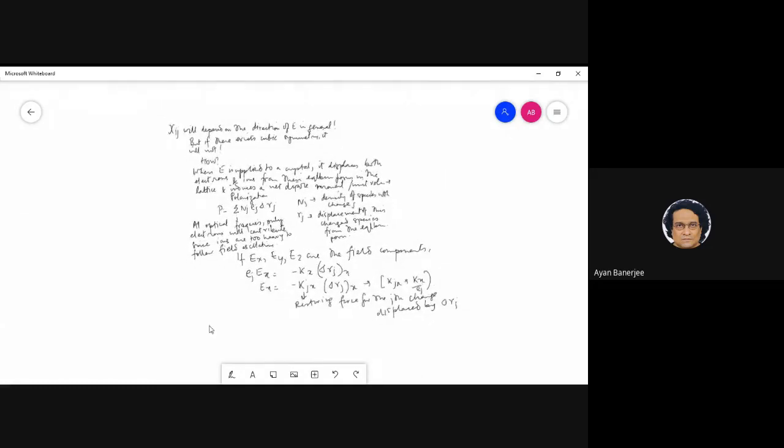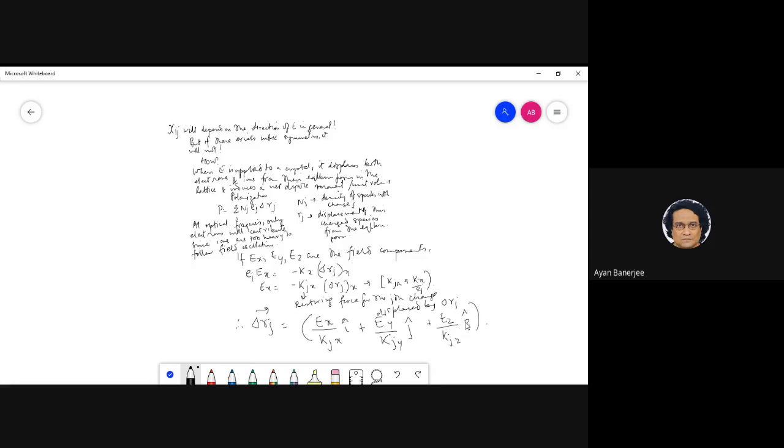So it is very clear that this delta Rj vector will be Ex by Kjx i plus Ey by Kjy j plus Ez by Kjz k.